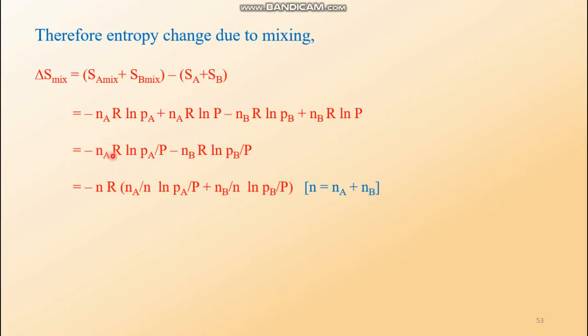This Na goes inside the bracket and is divided by N, so it must also be multiplied by N. The multiplied N is outside the bracket, while the dividing N is inside the bracket, just in order to get the ratio Na by N. The same thing is also happening here in place of Nb. Since we have taken the minus sign as common, the sign becomes plus here, because this minus sign has gone out of the bracket.